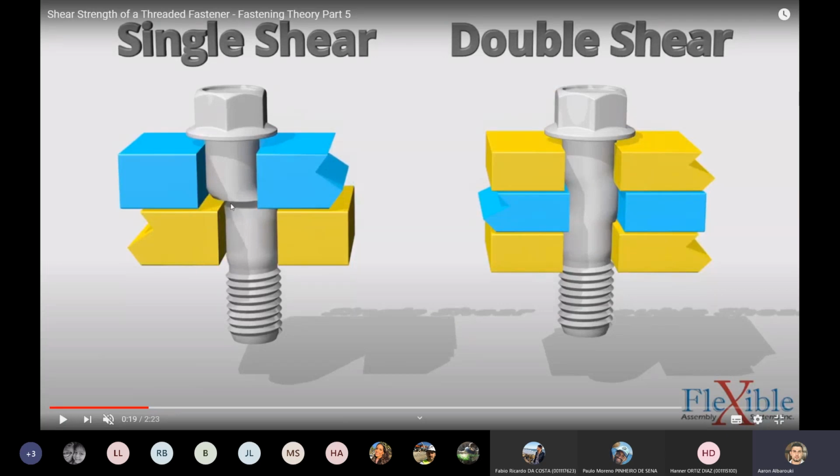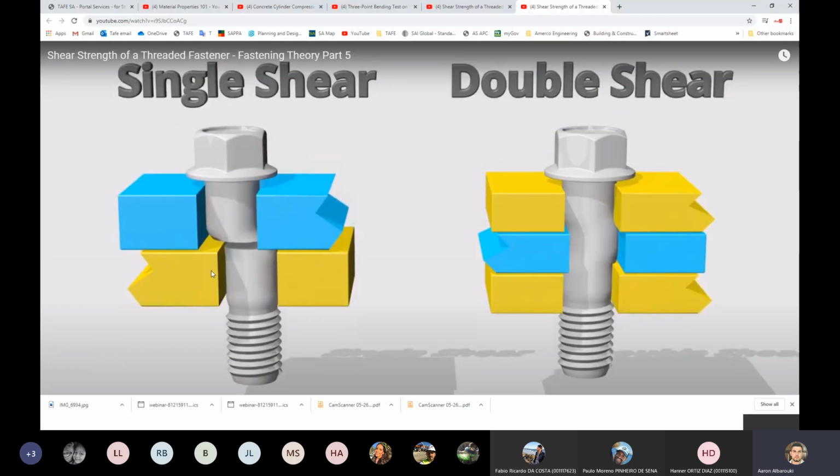The cross-section of the bolt, let's assume, is 100 millimeters square. So I've got 500 divided by 100, which would be 5 MPa. Again, it's force divided by area. The shear force this time, not normal force, divided by the cross-section area of the bolt.